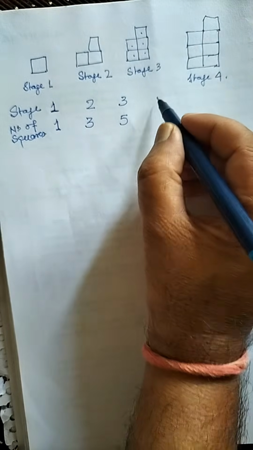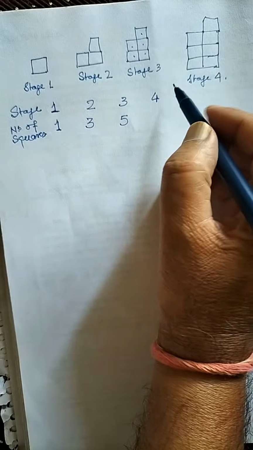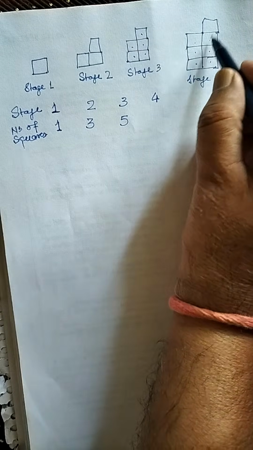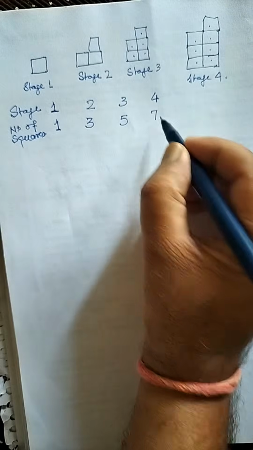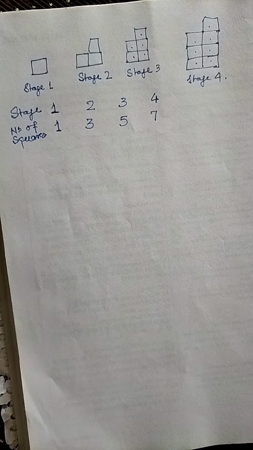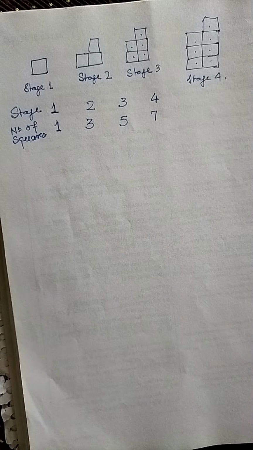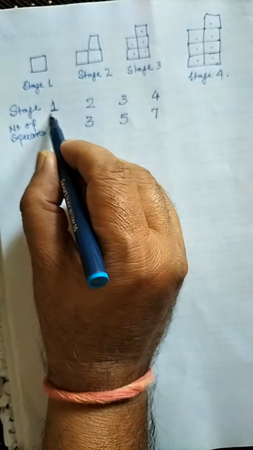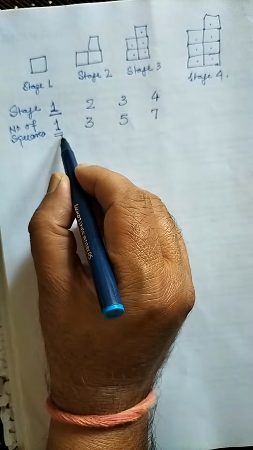And in the fourth stage, we have 1, 2, 3, 4, 5, 6, and 7 squares. So here you have to think of a relation between the stage number and the number of squares.